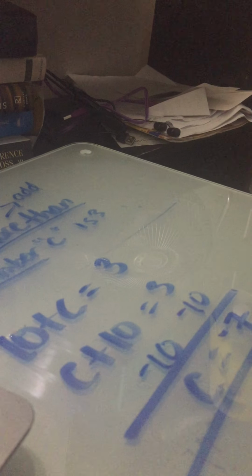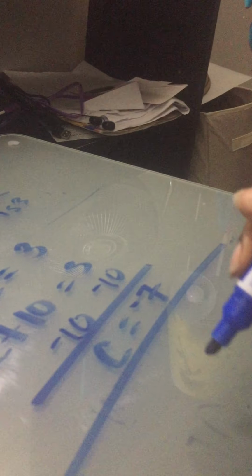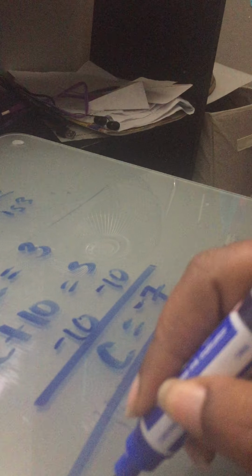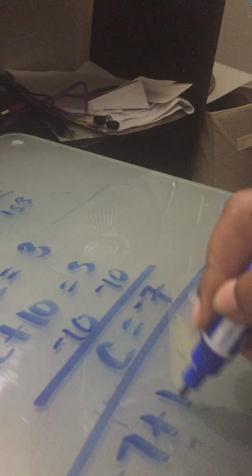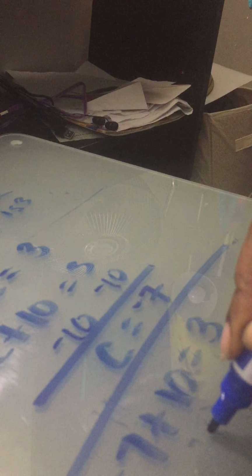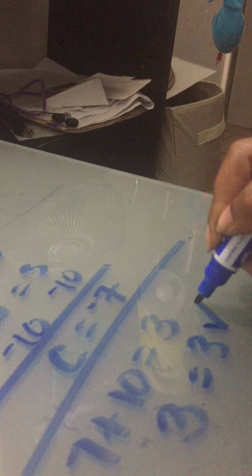If you want to check, negative 7 plus a positive 10 is equal to 3. Negative 7 plus 10 is 3, and 3 is equal to 3. So that is correct.